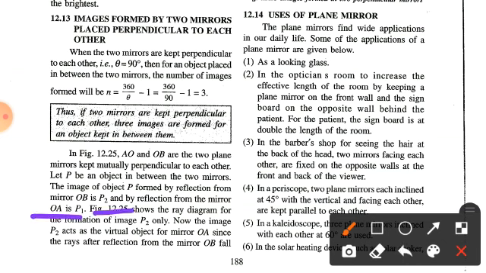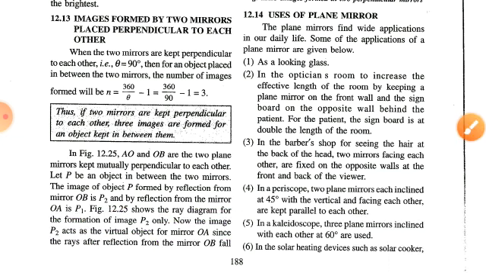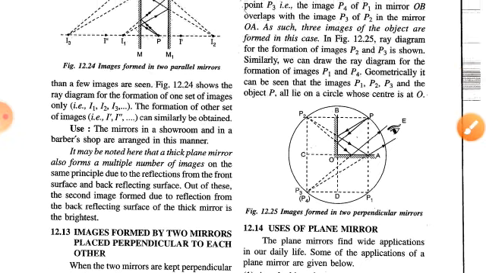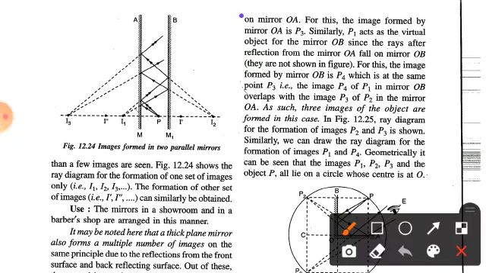This figure shows the ray diagram for the formation of the image P2 only. Now the image P2 acts as the virtual object for the mirror OA, since the rays after reflection from the mirror OB fall on the mirror OA. So the image formed by the mirror OA is P3.